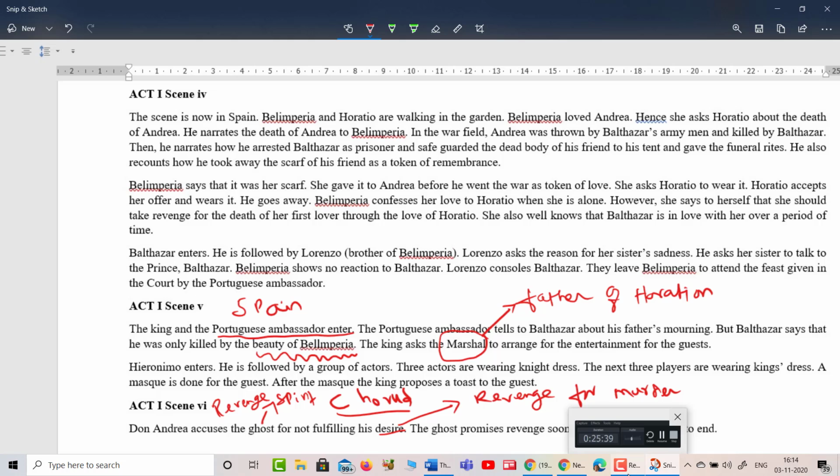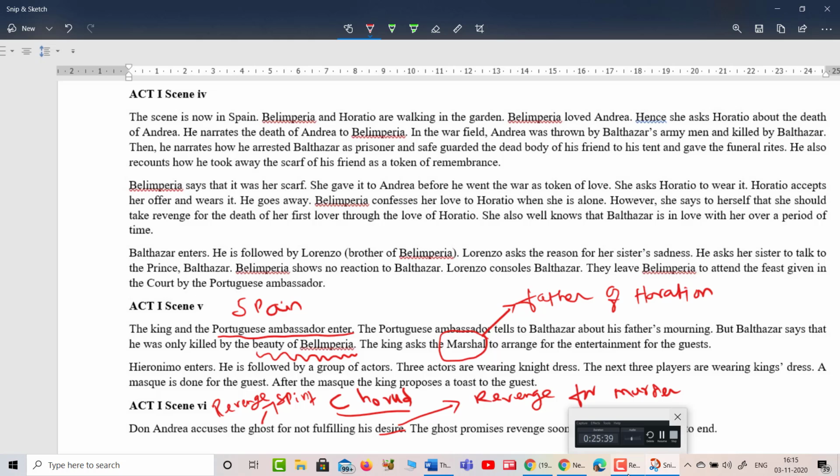And he also says that he has taken the scarf as a token of love from his neck. Now, Bellmperia asks Horatio to wear the scarf as a token of love, and after Horatio leaves the place, Bellmperia talks to herself. She says, I will seek revenge with the love of Horatio. So she decides to seek revenge by killing Balthazar.